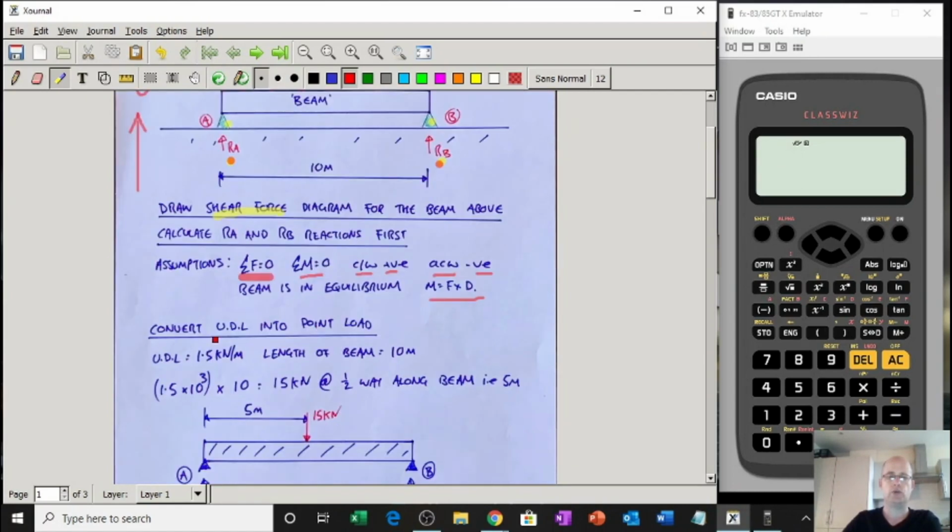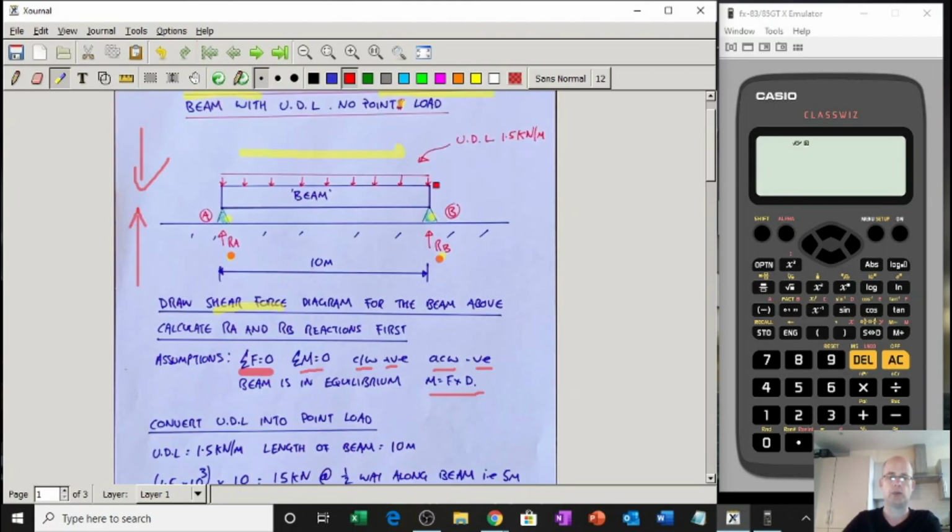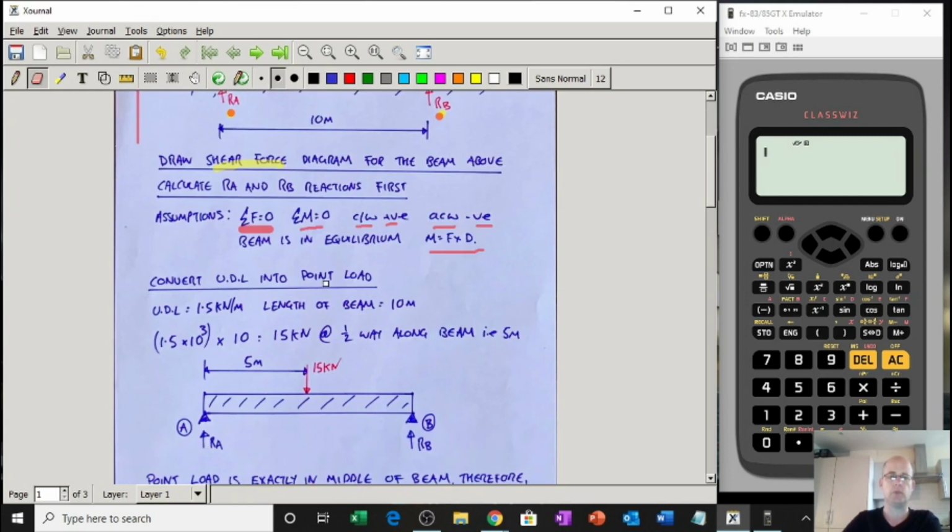The first thing we've got to do is convert this UDL into a point load, like we've done before, because we can convert all of this UDL into a point load, which makes it a little bit easier for us. The way we do that is, we know the UDL is 1.5 kilonewtons per meter, which means we've got 10 meters worth of it.